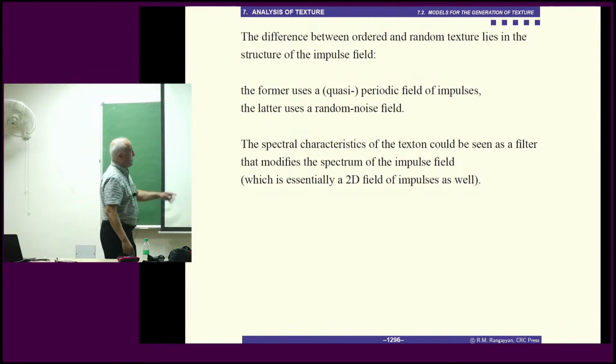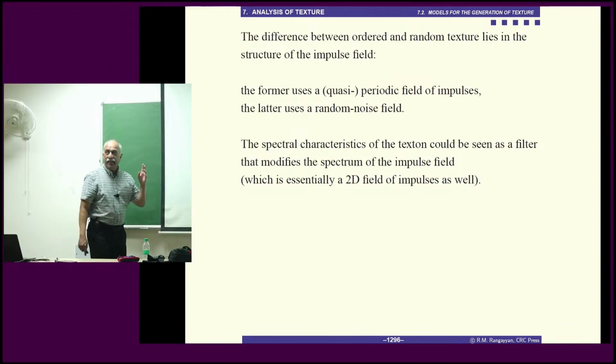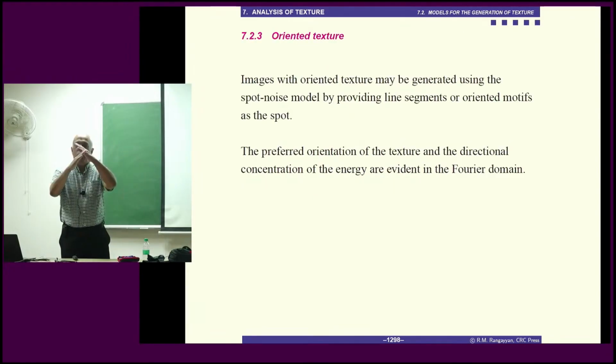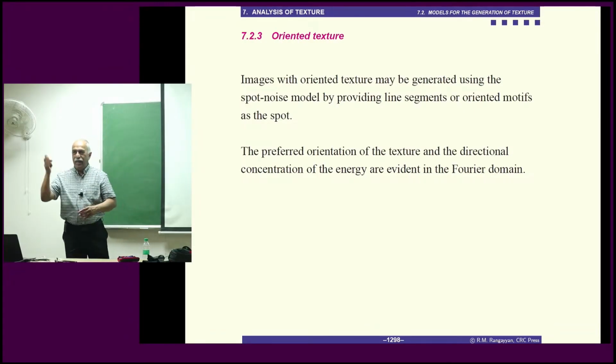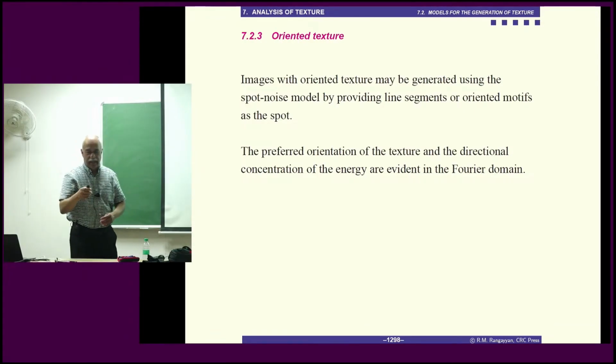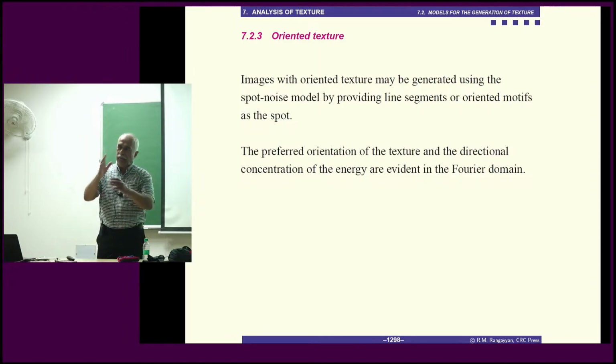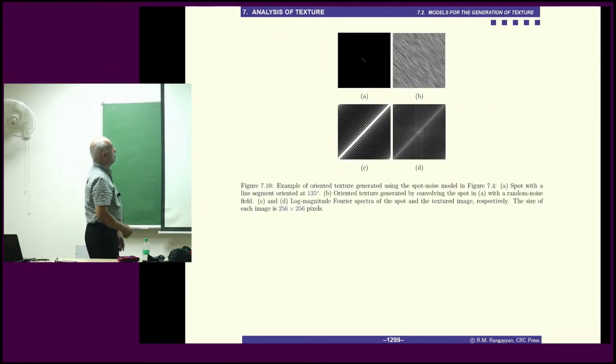The spectral characteristics of the texton act like a filter that modifies this. Orthogonal to that, you will see concentration of energy because of the sinc function corresponding to that line. If it is a thick rectangle, then it will be a 2D sinc function, but one axis will have more, depending upon the orientation and thickness of that line pattern. So you can provide line segments or oriented motifs, not a flower that is isotropic, but a line. And then you get oriented patterns, like this. I hope you can see that.